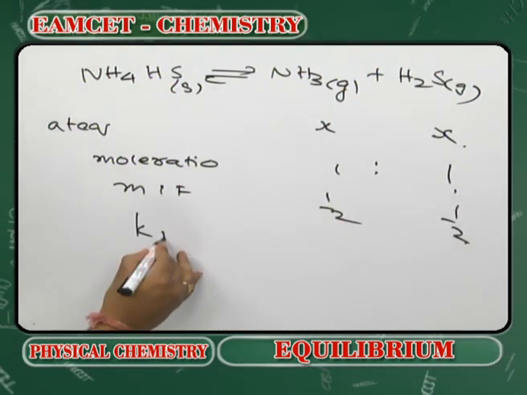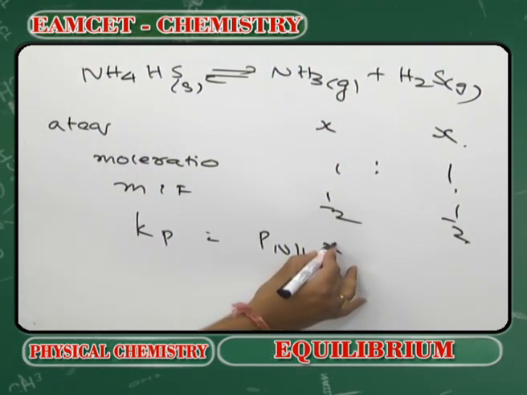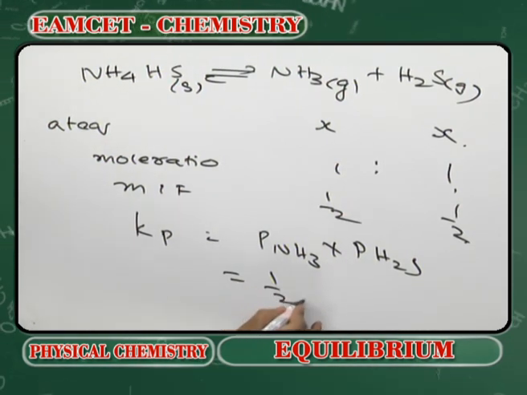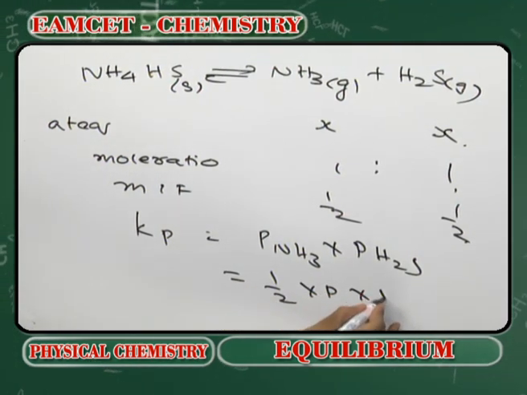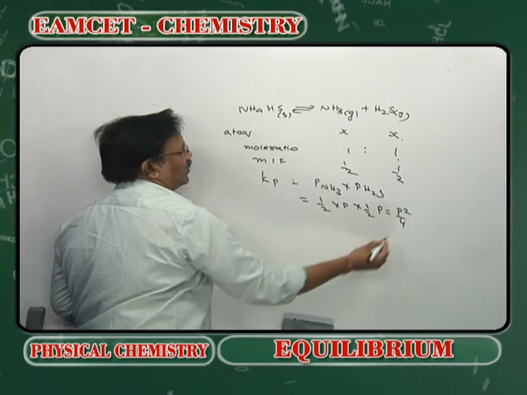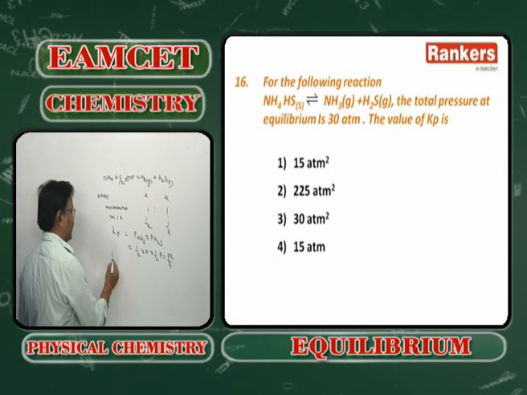And what will be the Kp value? Partial pressure of NH3 into partial pressure of H2S. So 1/2 into P into 1/2 into P, which is equal to P square by 4. And what is the P value here? 30.